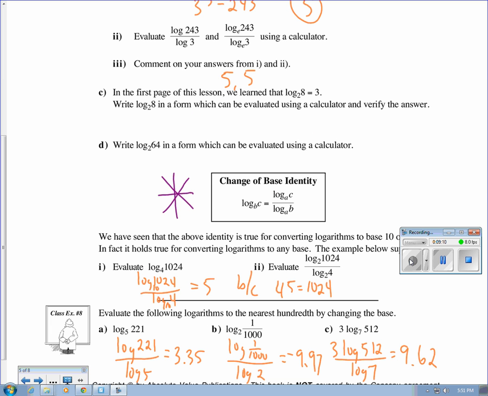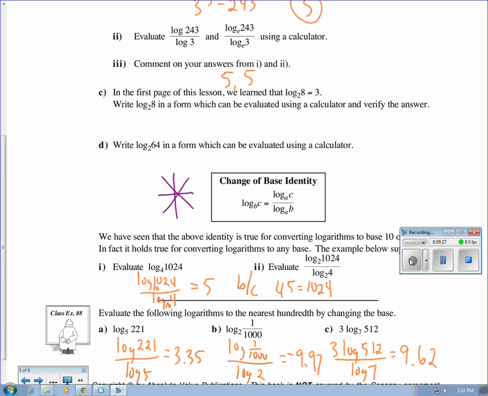Here's the rule. The rule is very, very important, and we'll use it a lot. I can evaluate log base 4 of 1024 by simply taking the log base 10 of the argument divided by log base 10 of the base.